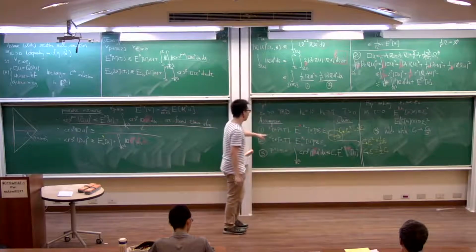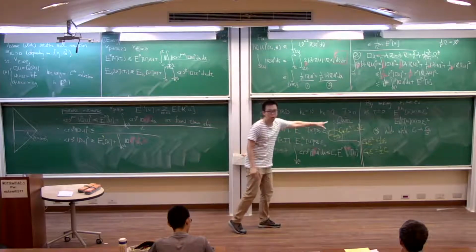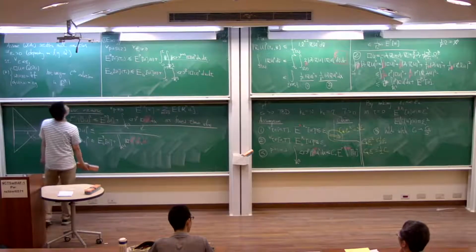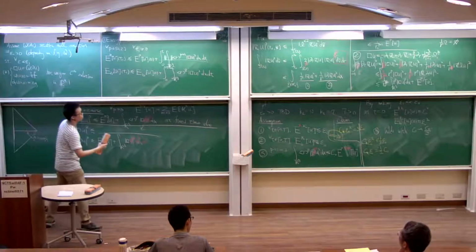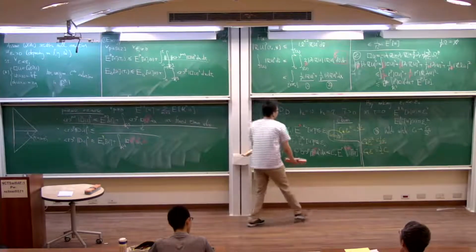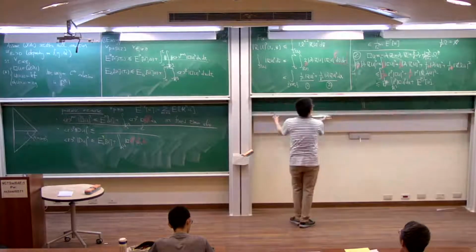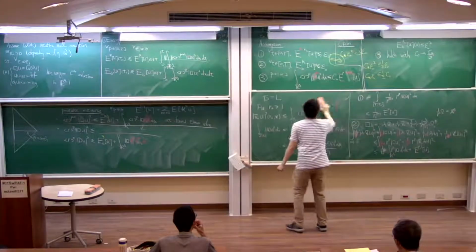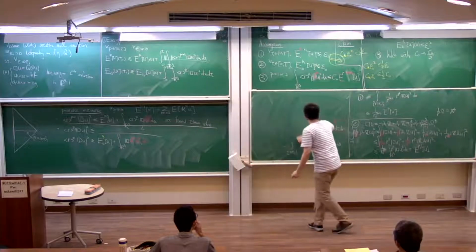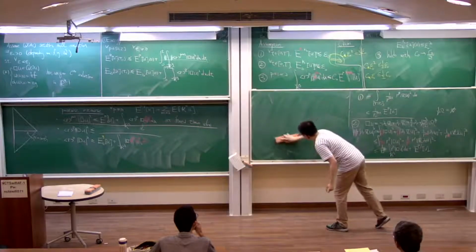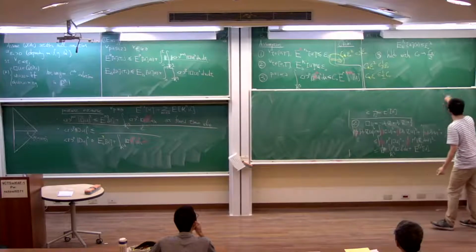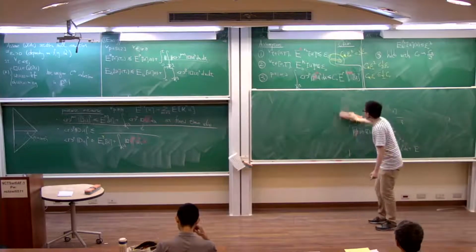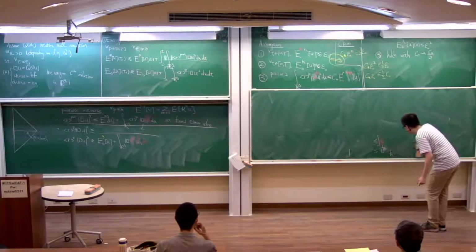So the main argument is how to move from this bootstrap assumption to the improved one. The pointwise estimate, I want to keep them. And let me show you how to improve the first assumption.